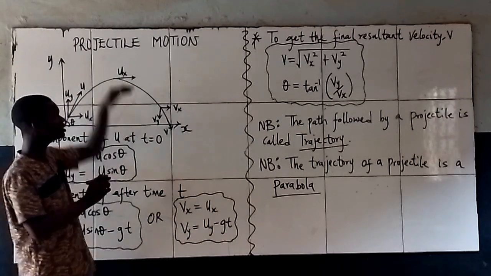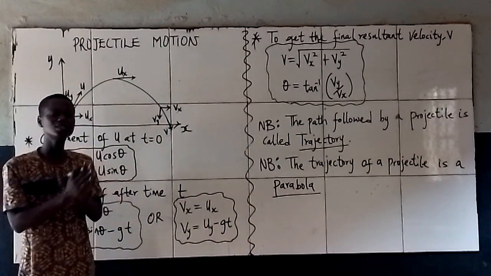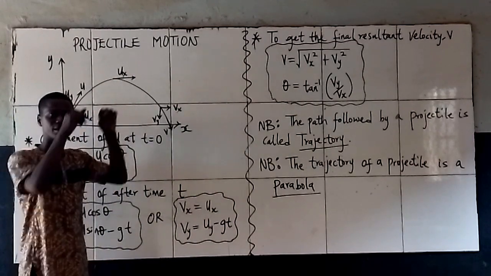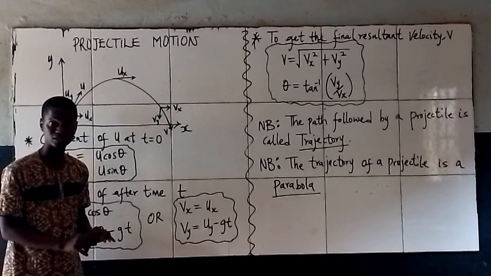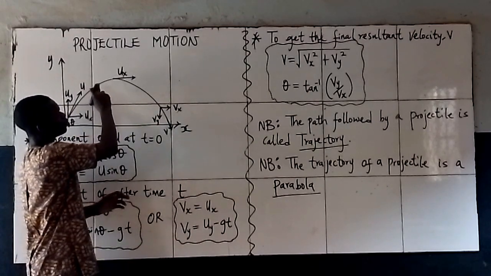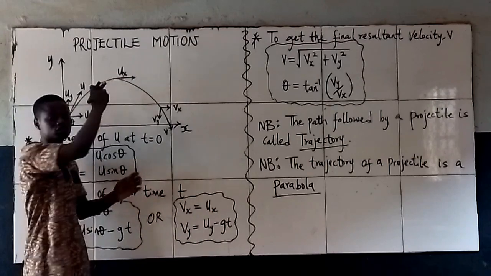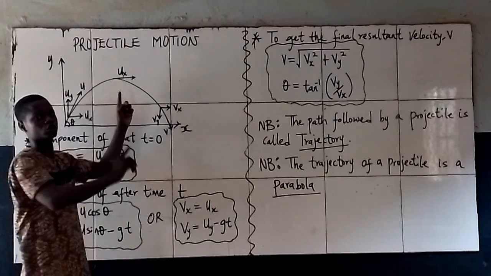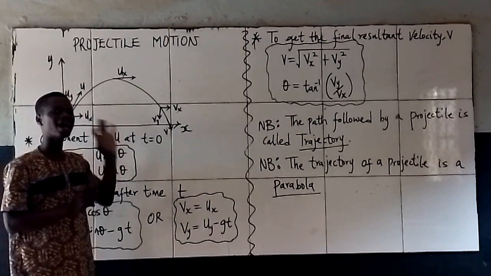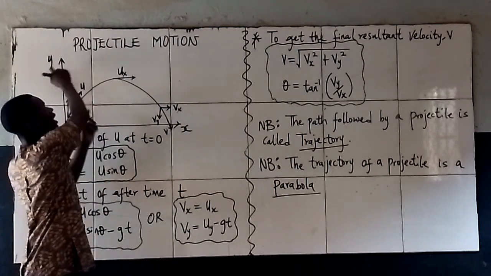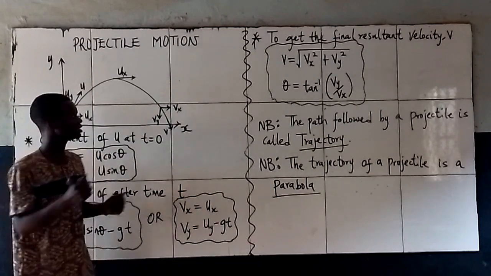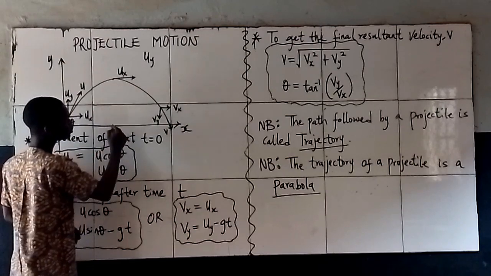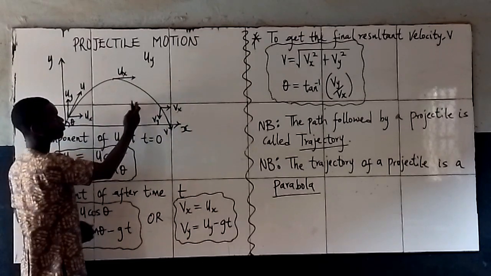Now remember, gravity is acting downward on the body, and the purpose of gravity is tending to push this object back towards the center of the earth, is it not? So the object is being overcome by gravity such that when it goes to this maximum height, it cannot move further in the vertical direction. So at the maximum height, if you check from here to here, it's higher than every other point, is it not?